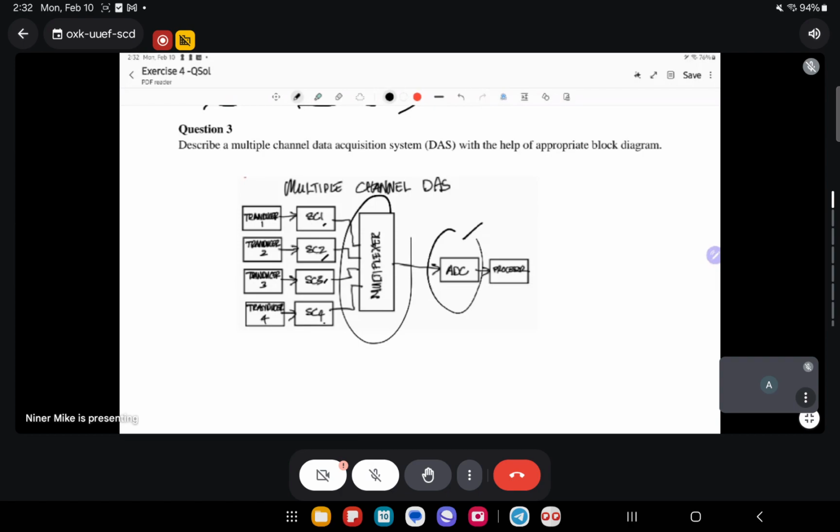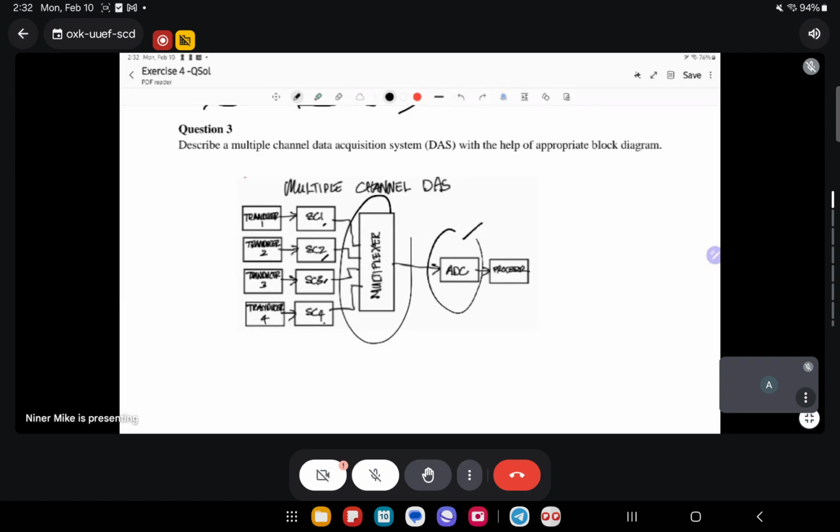A multiplexer means that you allow this one to go in first, and then you do the ADC conversion and get to the processor and save it, and after that you allow the second one, and then make the conversion, then put into the processor and save it, and then you allow the third one, and then the fourth one, and so on. Then you can repeat back here, and repeat again. So that is the purpose of the multiplexer. Okay, all right.